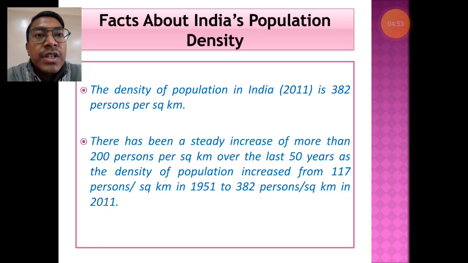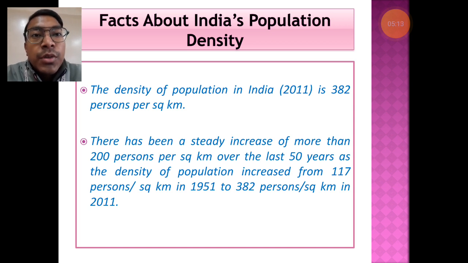See, if we look at the variation in the density of population of our country from one state to another, there is a lot of interesting information. As per the 2011 census, the density of population in India is 382 persons per square kilometer.